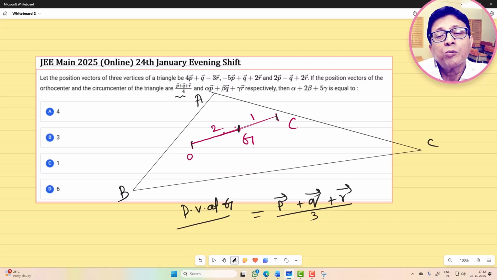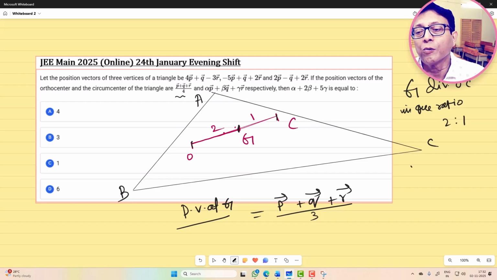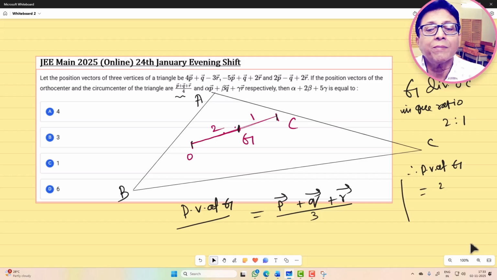Now you write the position vector of G by using that G divides OC in the ratio 2:1. Therefore, the position vector of G is going to be 2 into the position vector of C. What is that?